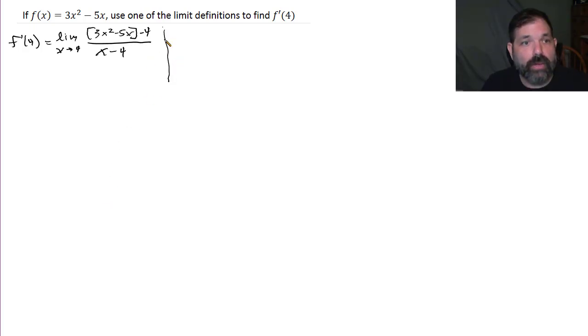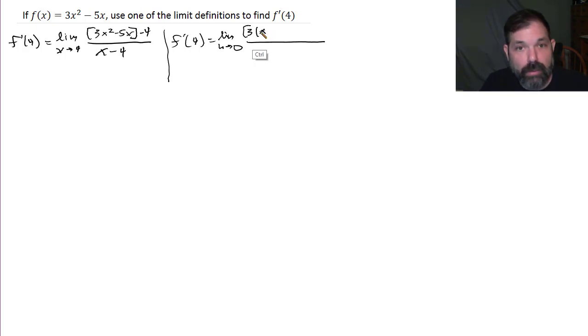I could use the other definition and say that f prime of 4 is the limit with h approaching 0 of 3 times 4 plus h squared minus 5 times 4 plus h minus, that should have been f of 4, not 4.